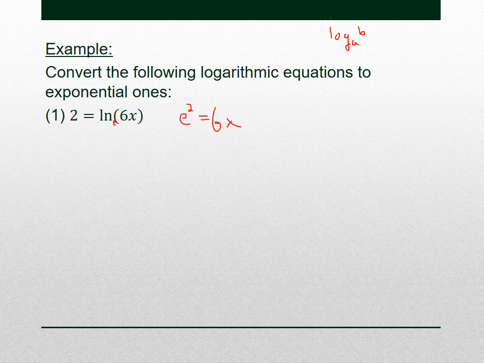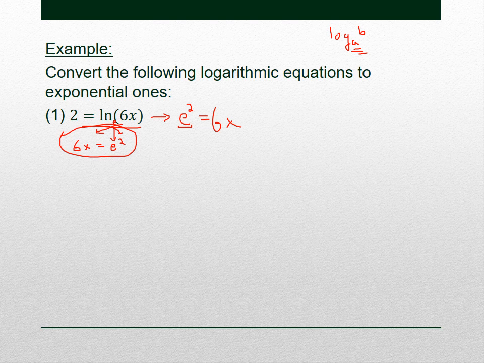What you want to do is switch that, where the base of the logarithm, which was an e, becomes the base of the exponent, and then you flip the other two. You drop down your base, and then you flip these two things here. So you get 6x is e to the 2. However you want to think about that. If you just want to memorize, taking it to there. If you like this method over here, that's fine too.